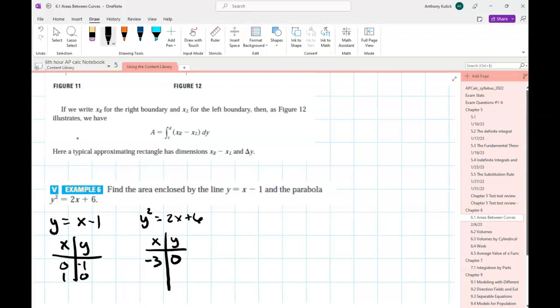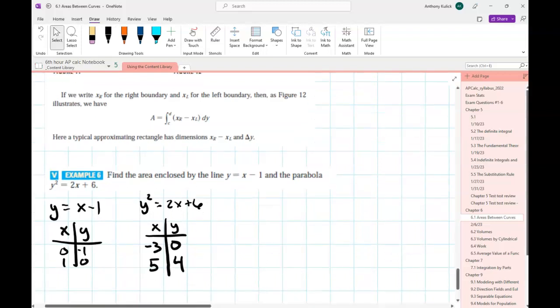Don't like that. If x is 3, y squared is 12. Don't like that. If x is 4, y squared is 14. Don't like that. If x is 5, y squared is 16. Yeah, I like that. So I'm going to have 5, 4, and then 5, negative 4. And again, you could have used those other values of x that I discarded. You just would have had decimals, which would be fine, but like, yuck, I don't want them.